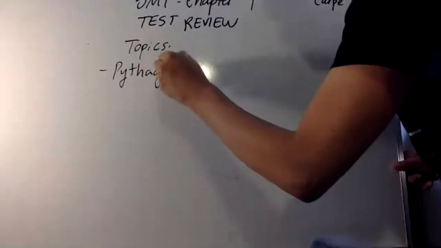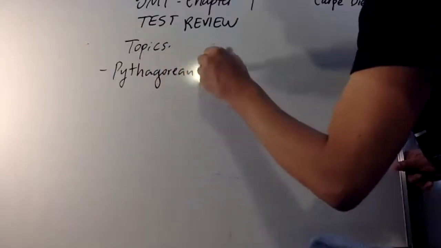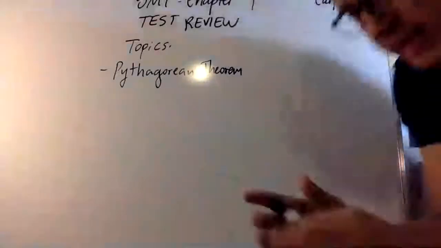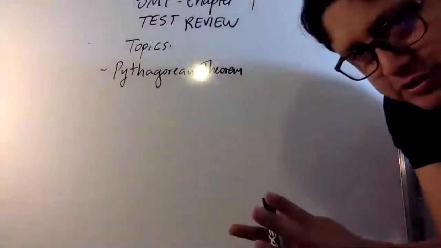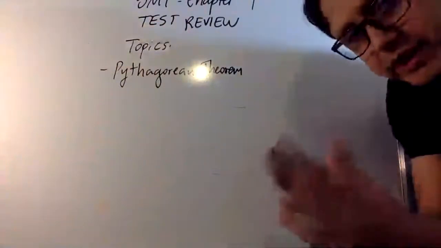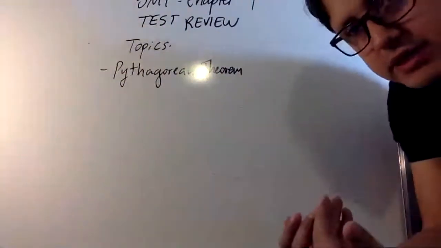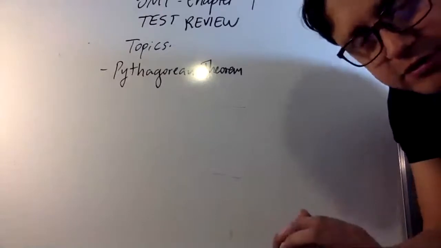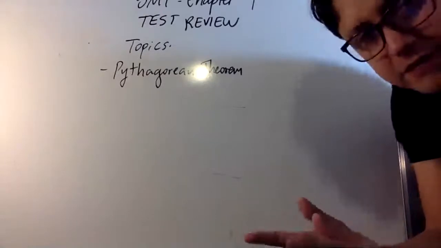All right, so the Pythagorean theorem, right? With this, I think there are two things you need to know: the two ways we can manipulate the formula, depending on what missing information you have to find out.